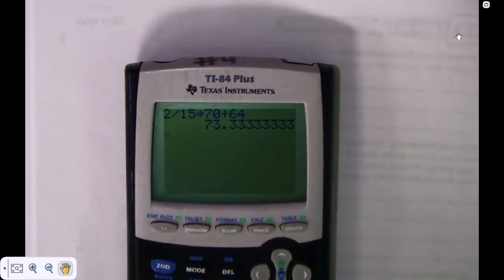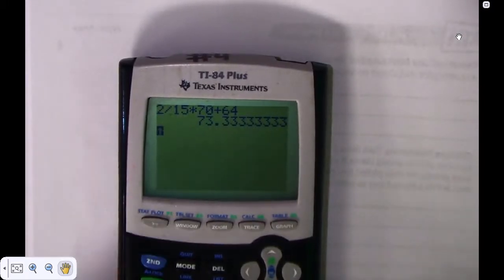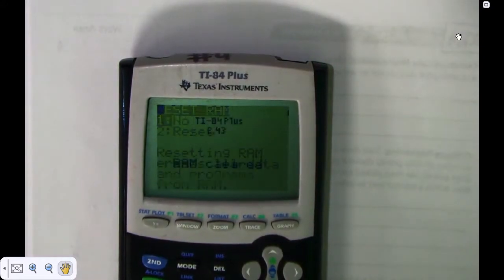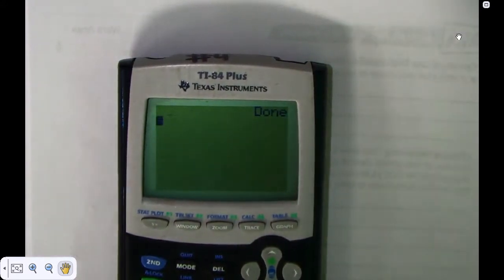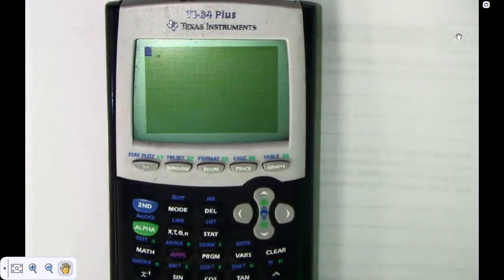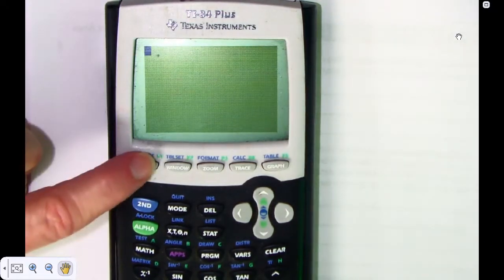Everybody hit second plus 712, enter. You should have done that on your calculator. Now hit clear. Everybody got clear? Okay, so blank screen. Little rectangle flashing. Go to y equals.